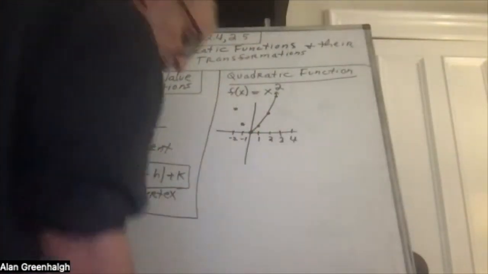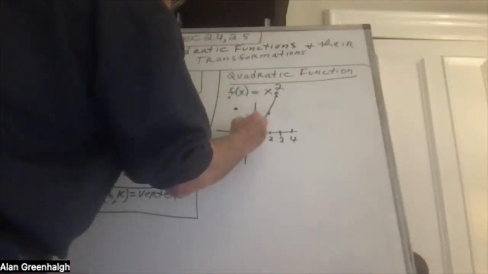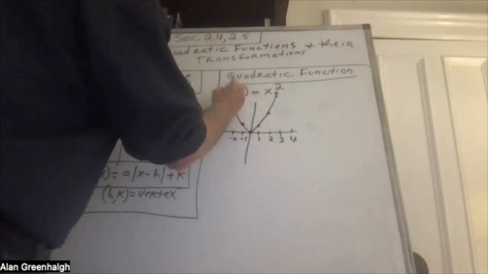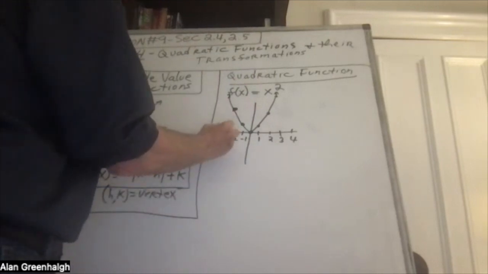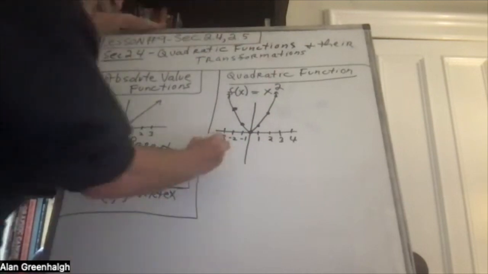I'm remiss if I don't curve this up a bit, so let's make it look like it's a curve. And this is the parent function for f of x equals x squared.